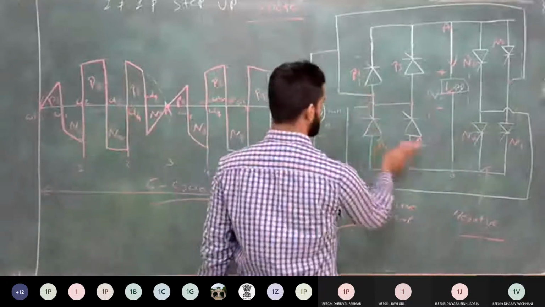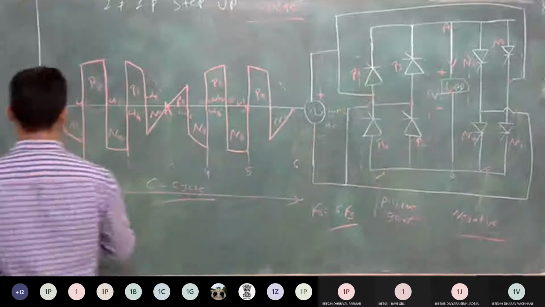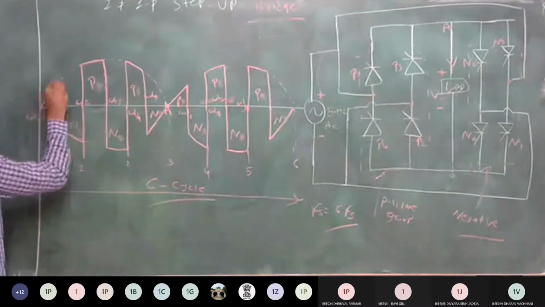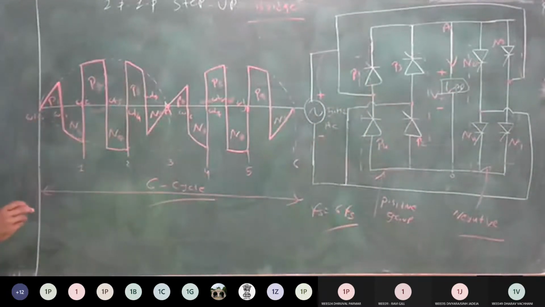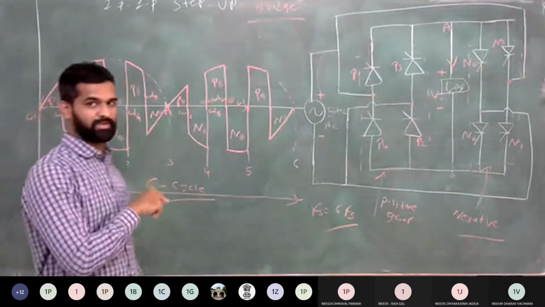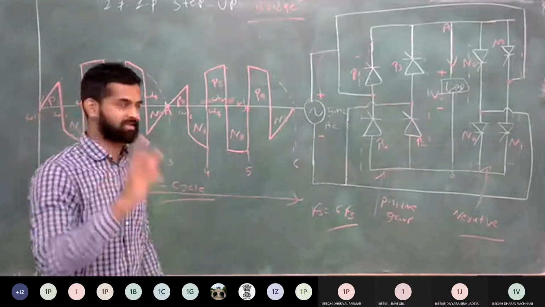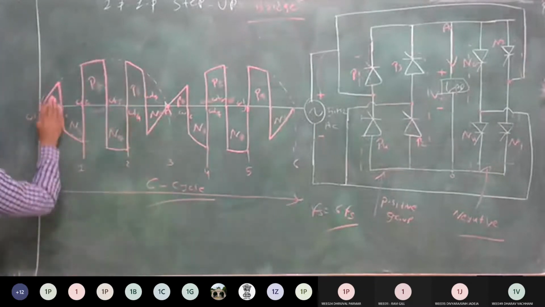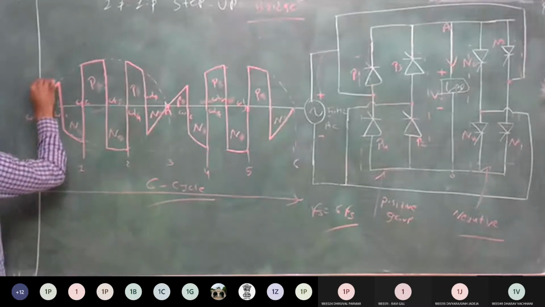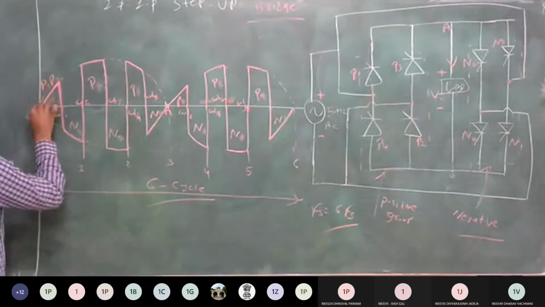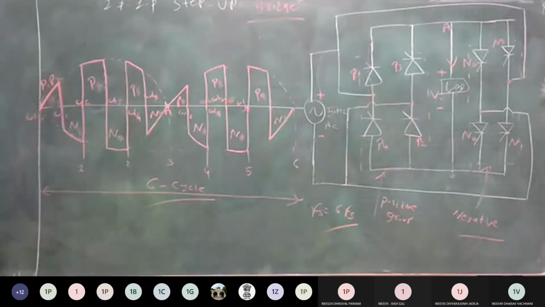So when P1 and P2 are turned on, you get the positive voltage. But the difference, as compared to the previous figure, is that here two thyristors, P1 and P2 both, are conducting. That gives this positive voltage.